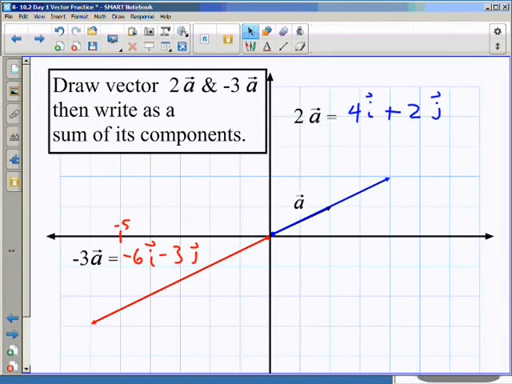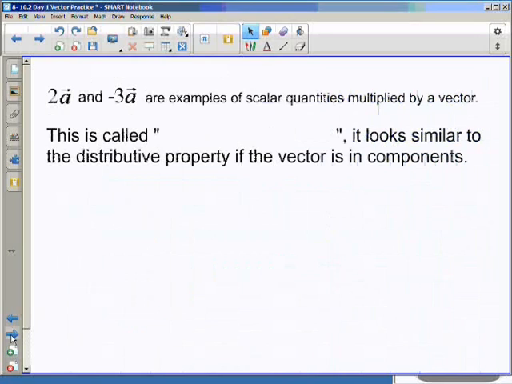Okay, pretty basic idea. And what we've just seen, at least graphically, is how we can take a vector, we called it vector A, and change its length and also its direction. We made them larger, it's easier to multiply, but we could have also made the length shorter. This is an example of scalar multiplication.